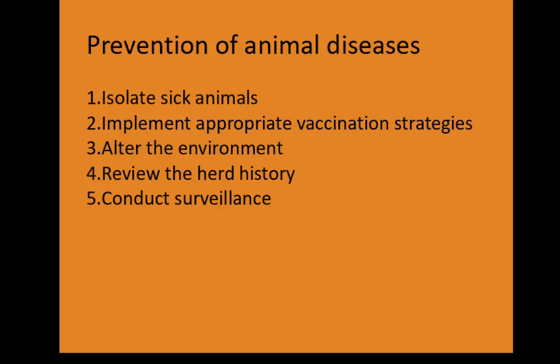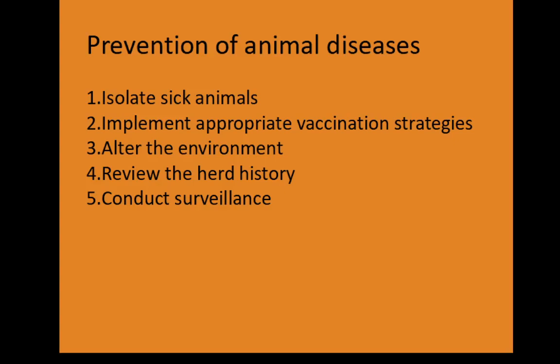Next is to implement appropriate vaccination strategies. No generic vaccination schedule will work for all farms. You have to study the diseases which occur in the area of your production.